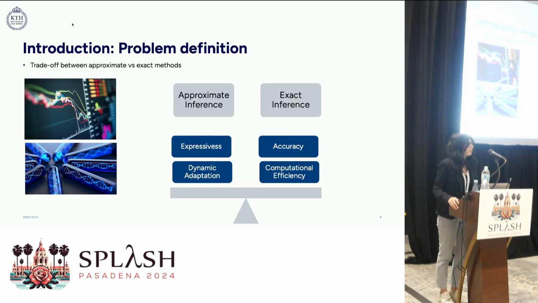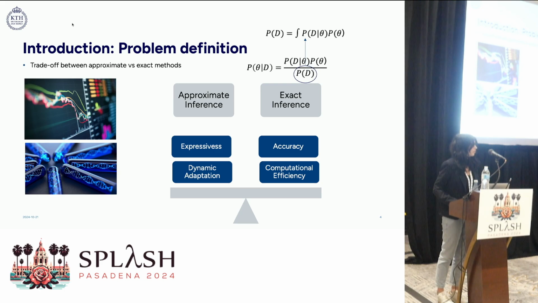In an ideal world, on all models we would like to use exact inference because that gives an exact solution, so it's more accurate. But in the real world that doesn't happen because, in this formula, the denominator consists of a numerical integration. The problem is that for high-dimensional models, and for most real-world models, this is intractable to calculate using an exact approach.